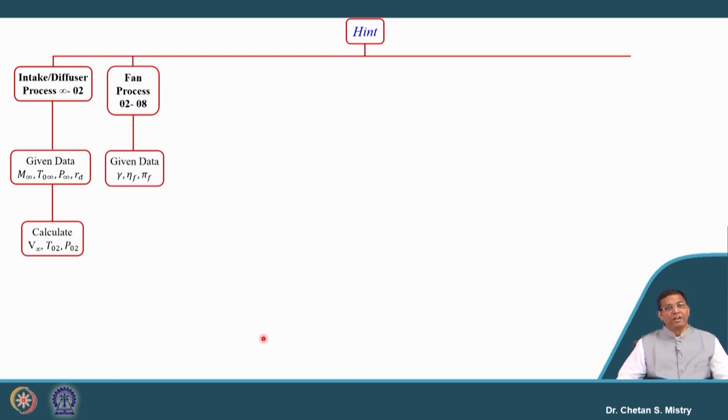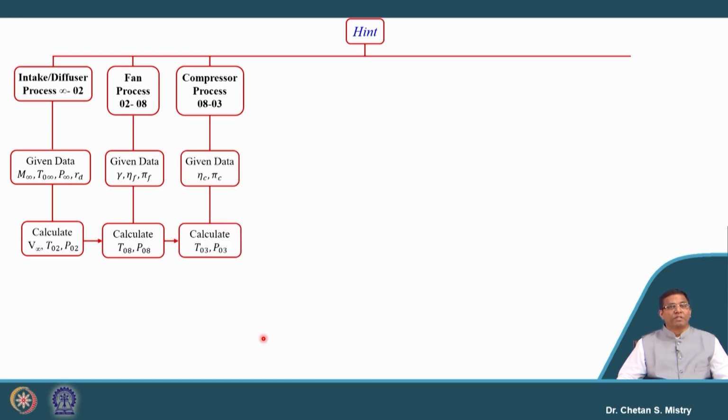In the same way for the fan, we will calculate the exit temperature and exit pressure from the fan. We have our next component as a compressor. For that compressor, we know the efficiency and pressure ratio. So, we can calculate the exit pressure and exit temperature from the compressor.